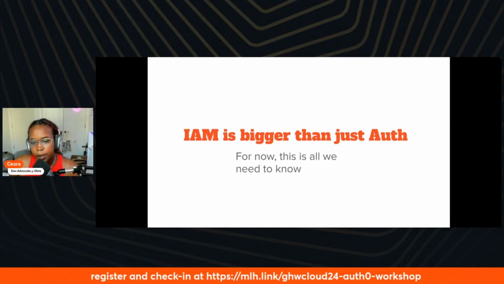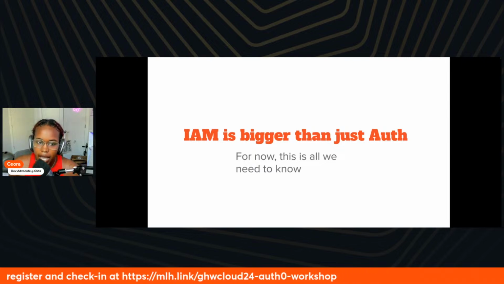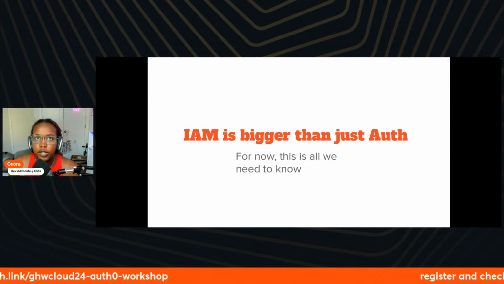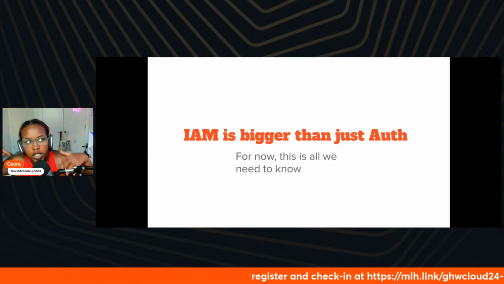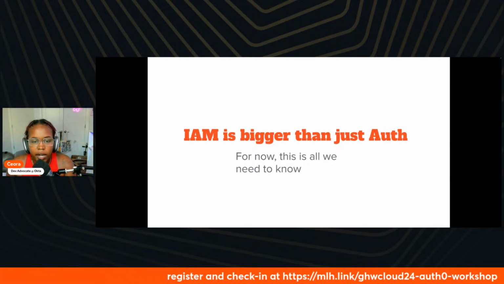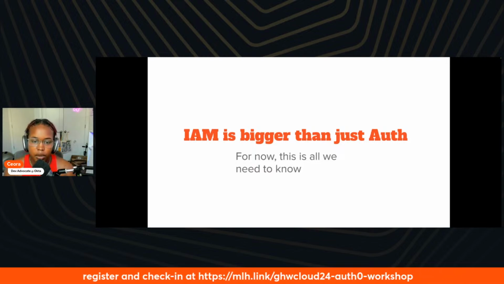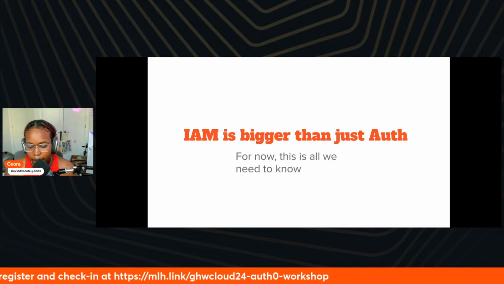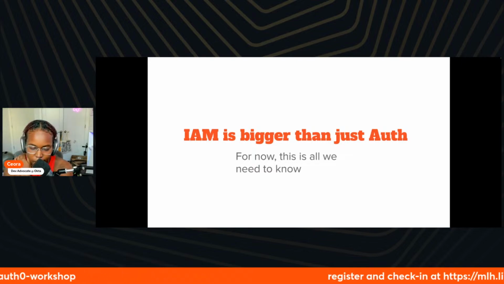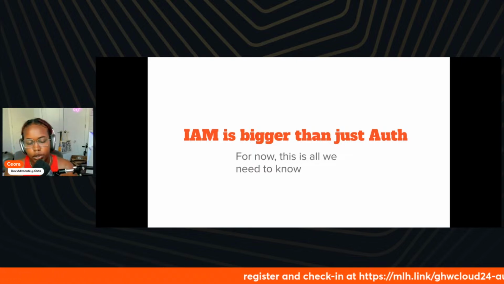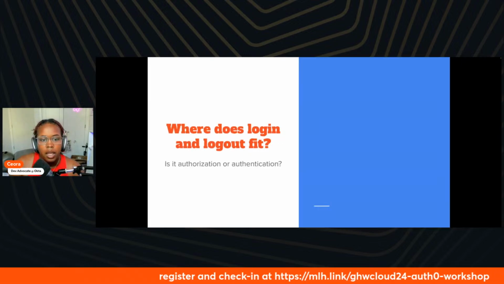That is a separate thing, but it's still a part of identity access management. So it's a really, really big field of study, I guess you could say. But for right now, it's important that we just deal with auth. We're going to start small. And maybe after this, if you figure out that you're still interested, you can look more into identity access management, or you can reach out to me and I can give you some resources to learn more as well.